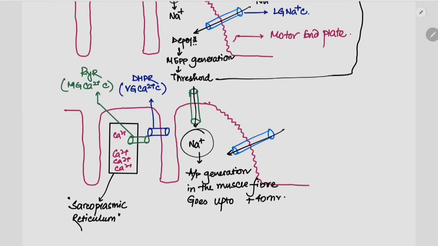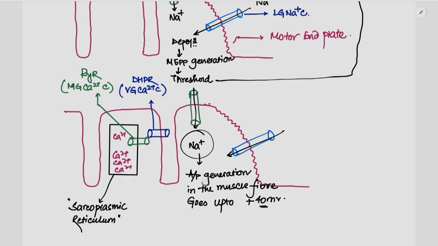Right, and due to reaching plus 40 millivolt, DHPR receptors or the voltage gated calcium channels are activated. They open, and due to which ryanodine receptor channels are also opening, and the calcium inside the sarcoplasmic reticulum moves out of the sarcoplasmic reticulum through the ryanodine receptor or the mechanically gated calcium channel.